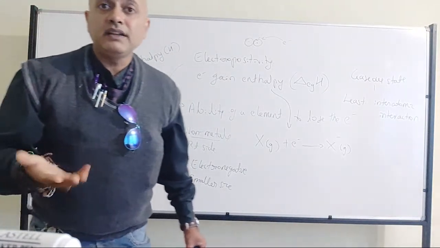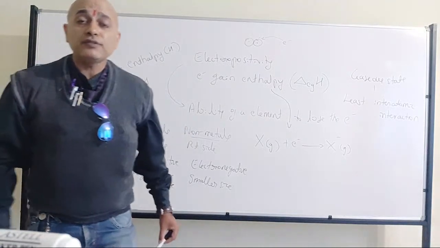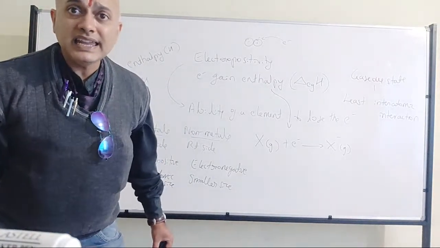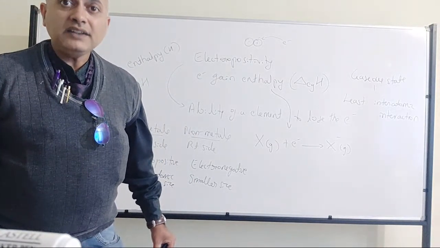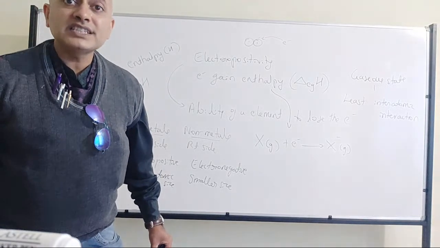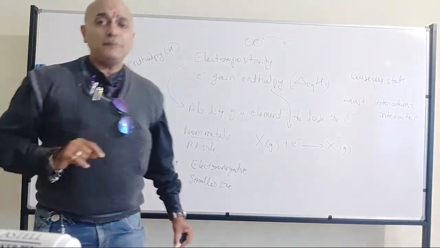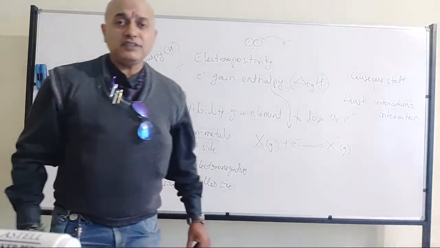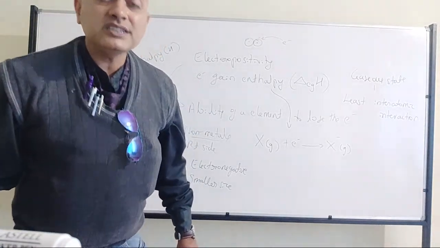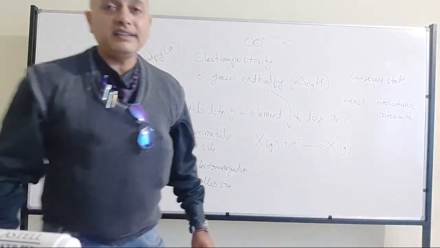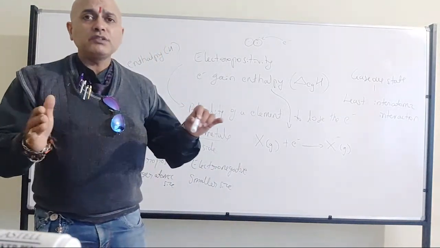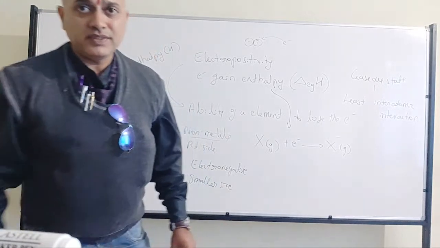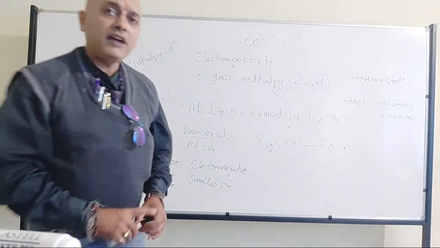Even a neighboring nuclear force can help in gaining the electron. So in that case, we are not justifying for only that element. So we go with the gaseous state where there will be least interatomic interaction and atoms will be a bit far from each other. All of you have understood?